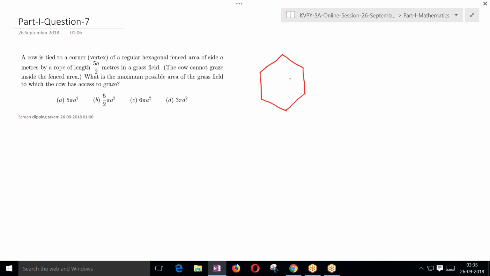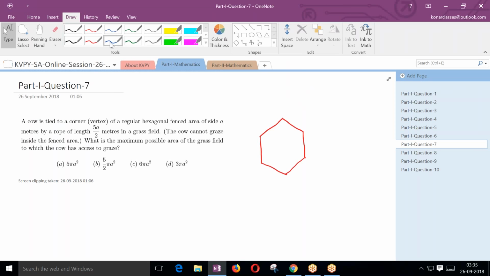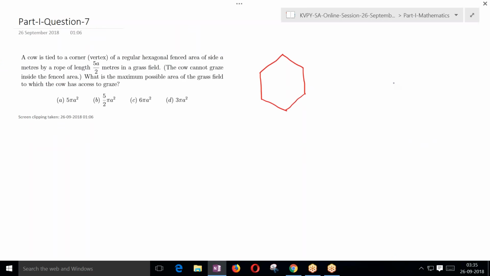That is a hexagon. Now let me use a different color. So a rope of length 5A by 2. So that means this is the length of 5A by 2.